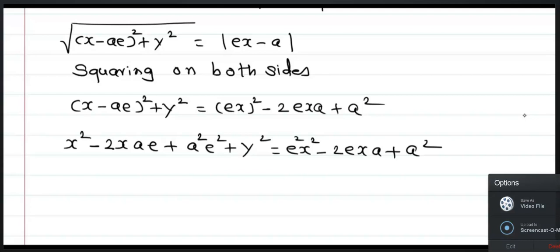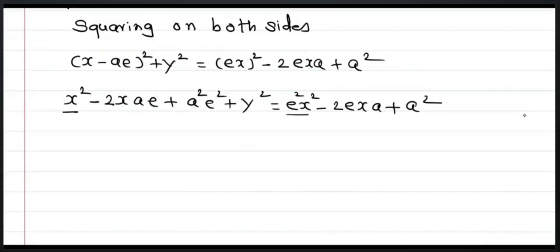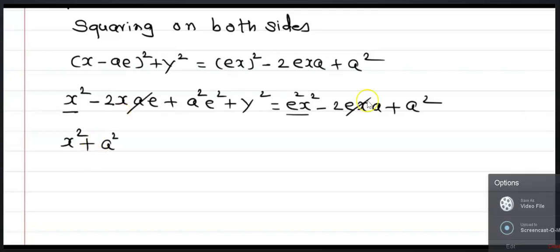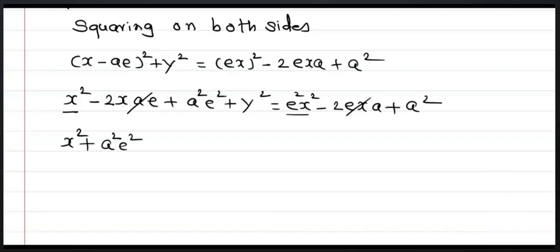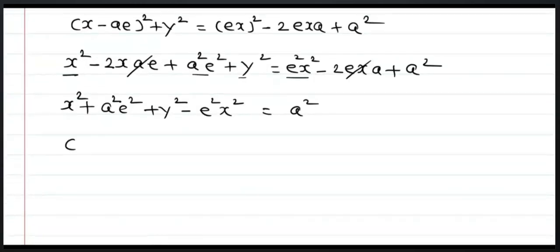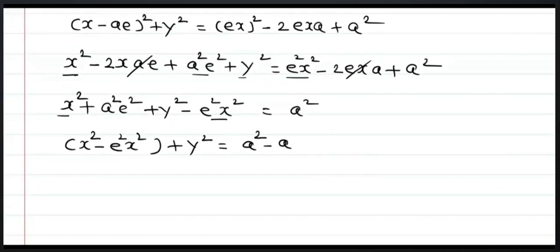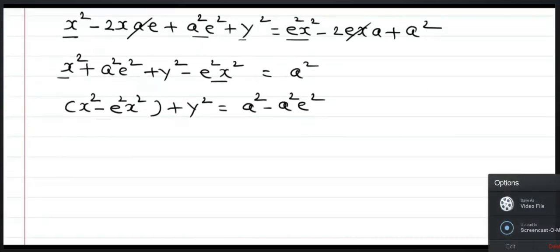Therefore, some terms will get cancelled on both sides. That is x square plus a square e square plus y square minus e square x square is equal to a square. Now take x square as common. Now simplify like this. x square is common.